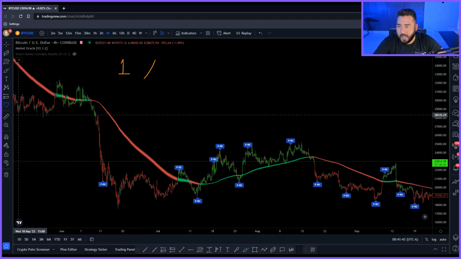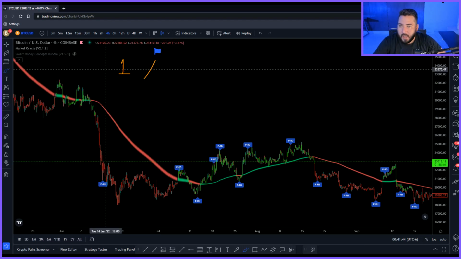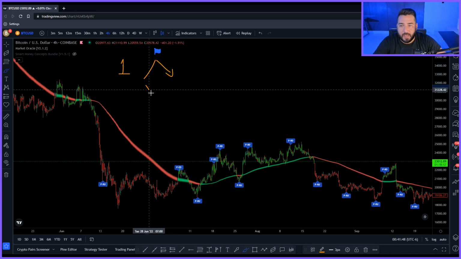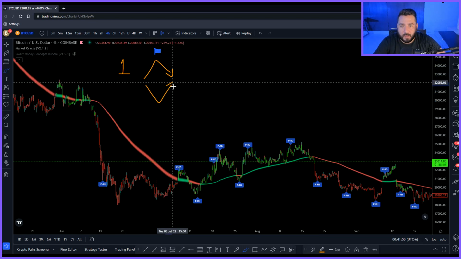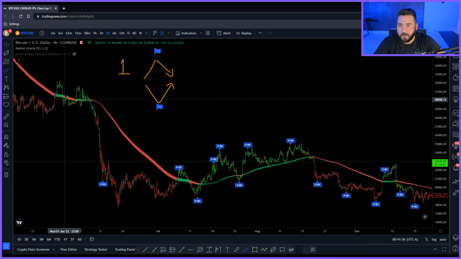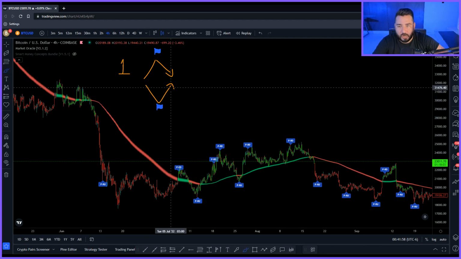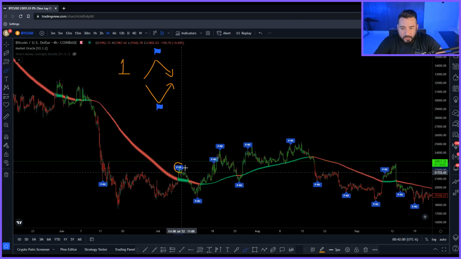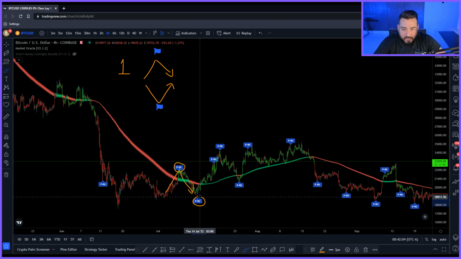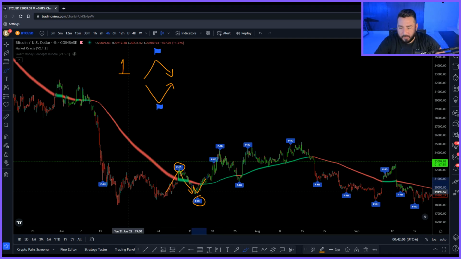Then we have a blue flag in here and we have a sharp change of direction. Same thing could be happening the other way around, right? Going down, then having a blue flag down there, and then having a sharp change of direction, just like it happened here. Sharp change of direction, right?